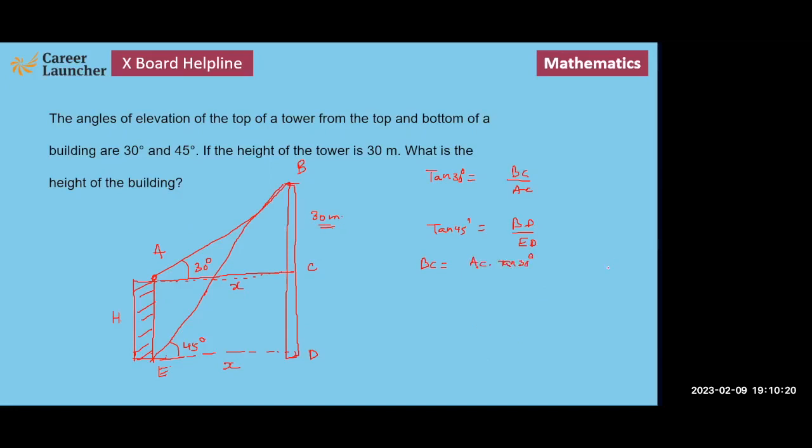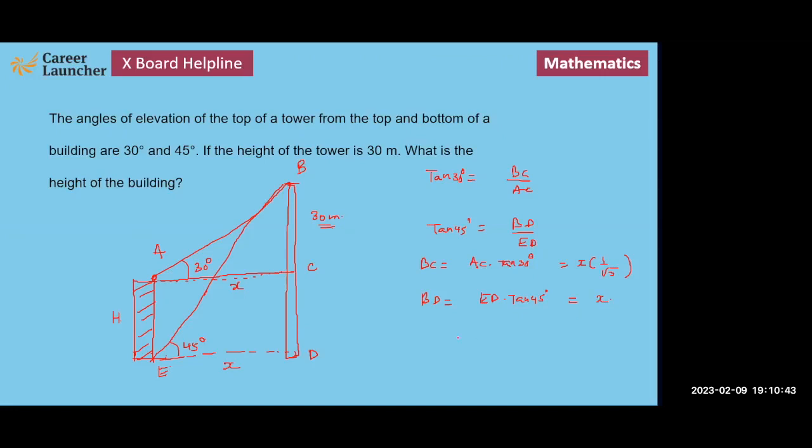And what is the value of AC? X. X into tan 30 is 1 by root 3. And we know the value of BD is equal to ED into tan 45, which is equal to X.